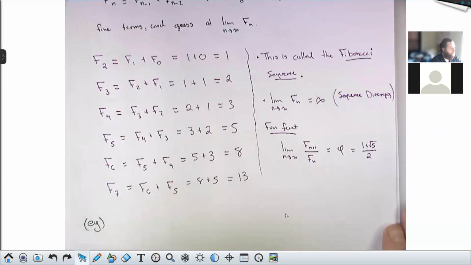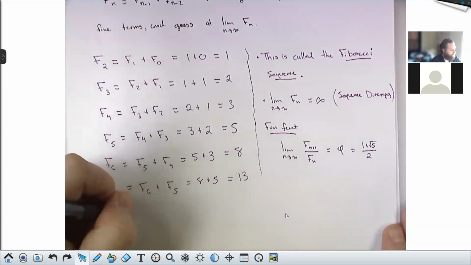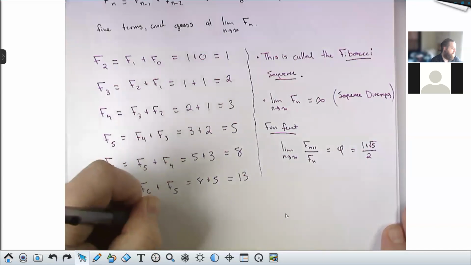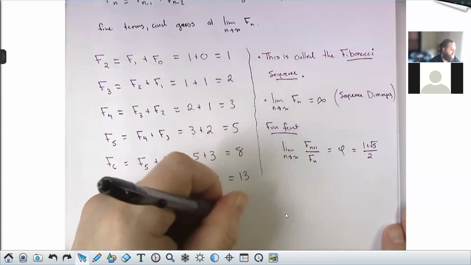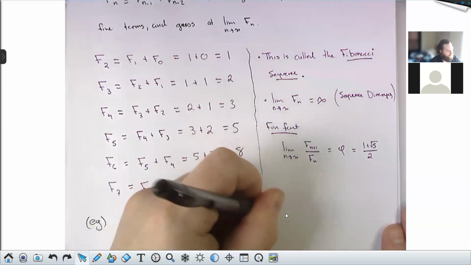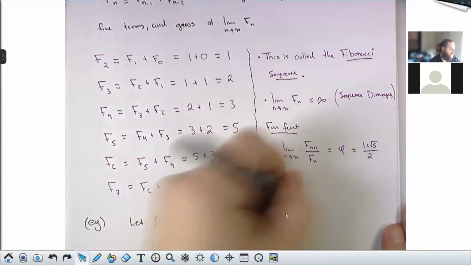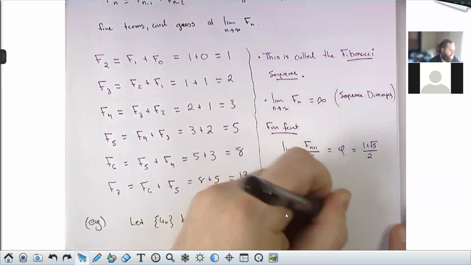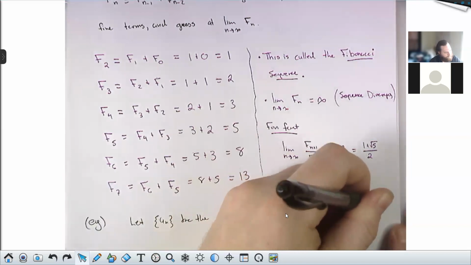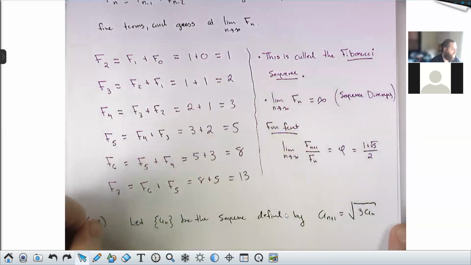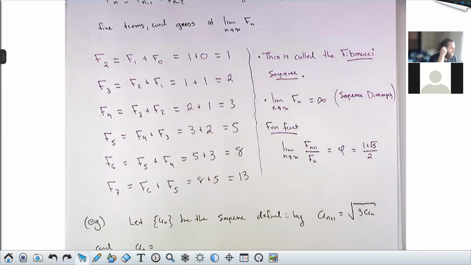The next example I'm going to play with is: let a_n be the sequence defined by a_{n+1} equals the square root of 3 times a_n, and say a_0 is equal to 1.